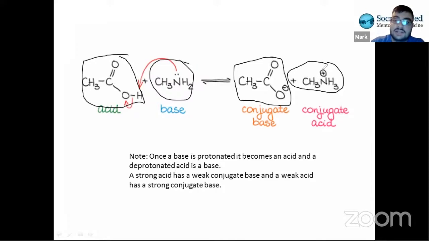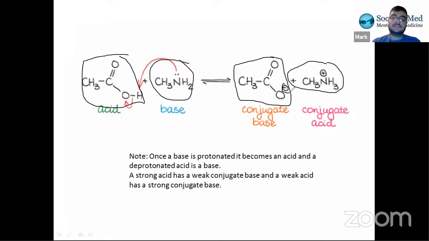But now it actually has an extra proton that it can give away, thus making it an acid. This, again, now has no protons it can give away because it already gave away all its protons, but it has this spot where it can accept a proton now, thus making it a base. So you see, once an acid deprotonates, it becomes a base. When a base protonates, it becomes an acid.